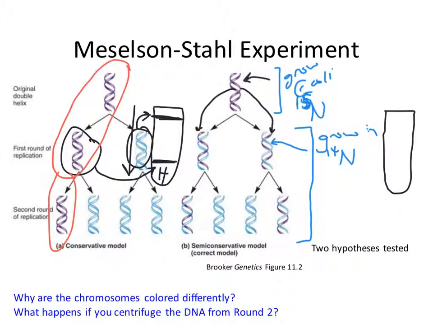So what are the masses, the relative masses of these two molecules? Are they the same or different? They're the same. So they have equal mass. They're half heavy. So how many bands will we see in the centrifuge tube? Just one, representing something that's in between an all-light molecule and an all-heavy molecule.